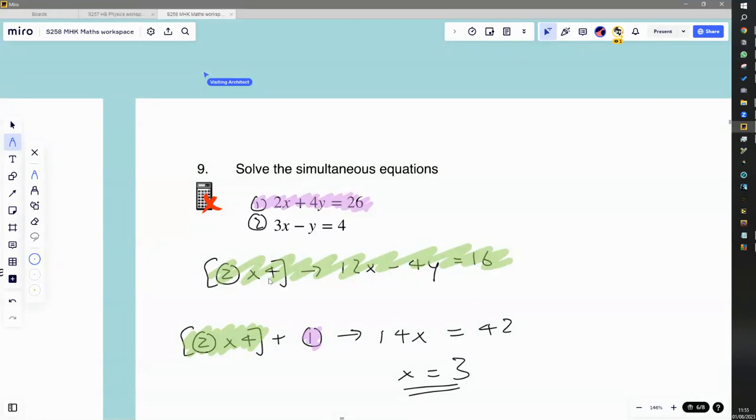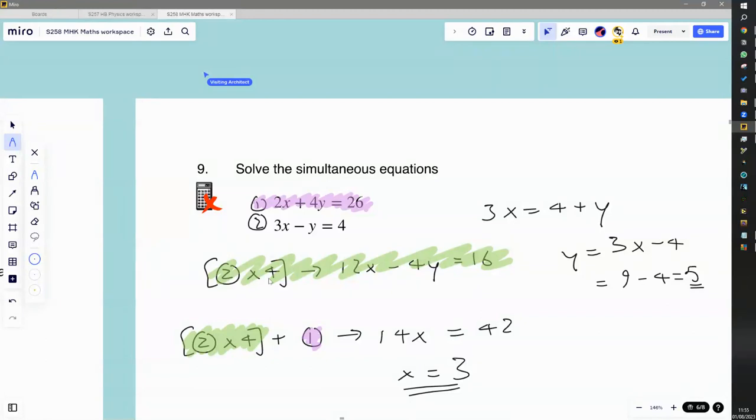I think I will use equation 2 and rearrange it. First I add y to both sides, which gives me 3x equal to 4 plus y. Then I take away 4 from both sides, so y is equal to 3x minus 4. 3x is 9, minus 4 is 5.